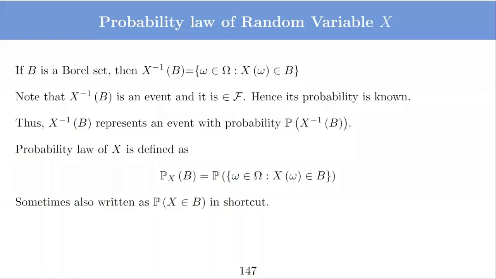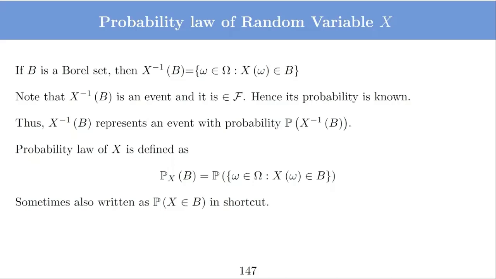So what is the probability law of a random variable? We assume that we have already defined a sample space omega, a sigma algebra, and the probability measure on it. So we have a complete probability space (omega, F, P).